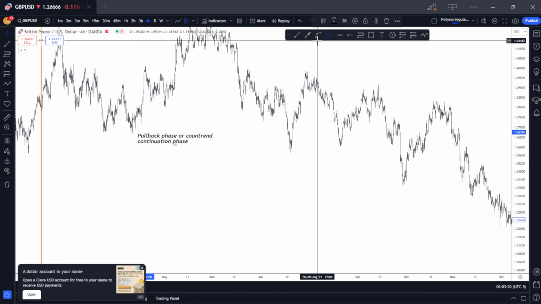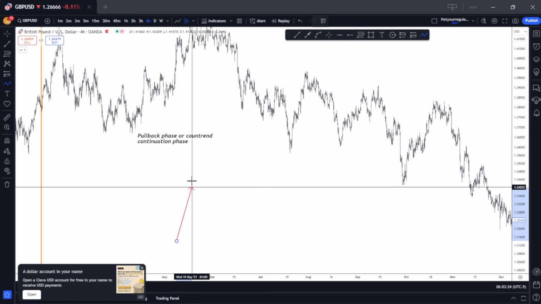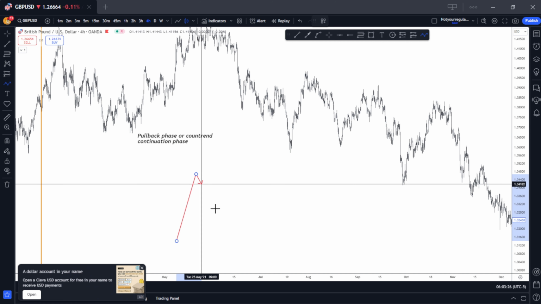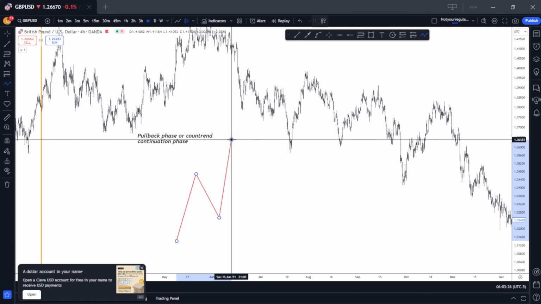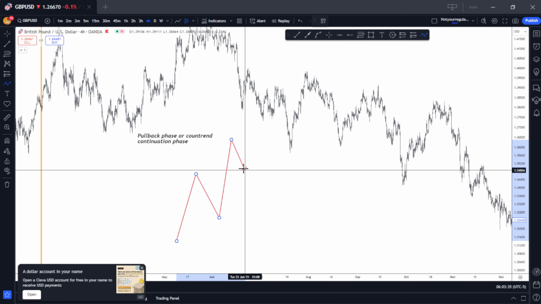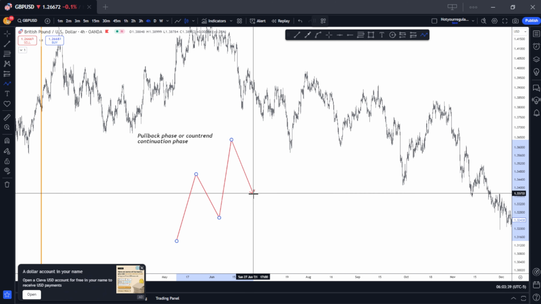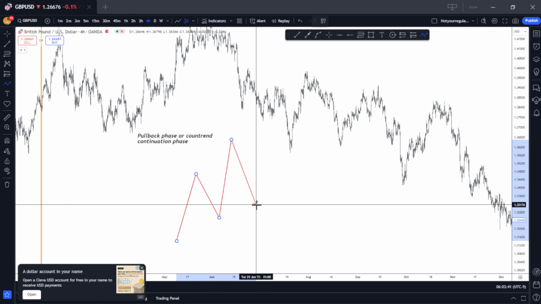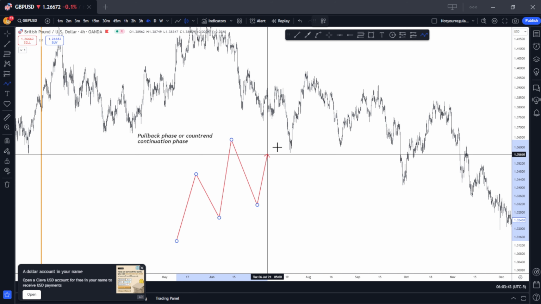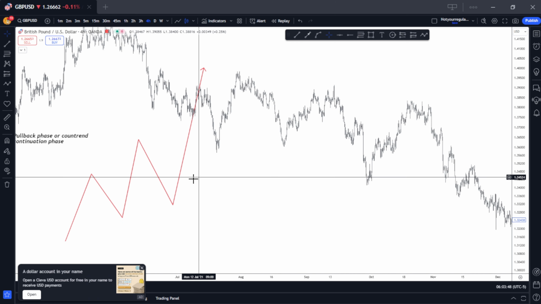What is a pullback phase? When the market is trending up, creating higher highs and higher lows, and the market is retracing back down to create that higher low, this is what we call the pullback phase. And when the market resumes the uptrend, that is what we call the continuation phase.